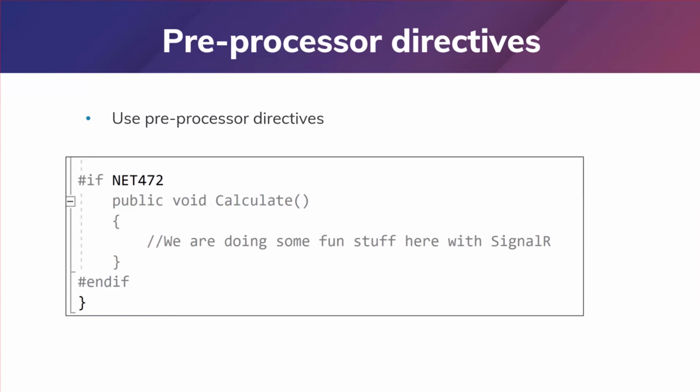This is the way we massaged out the old SignalR code in our app: by toggling off anything that had to do with the old SignalR, all the namespaces and all the references, in these toggles, and then enabling the new stuff, the new hubs, with another preprocessor directive for the .NET Core app instead.